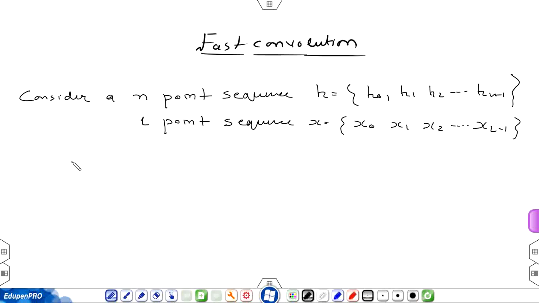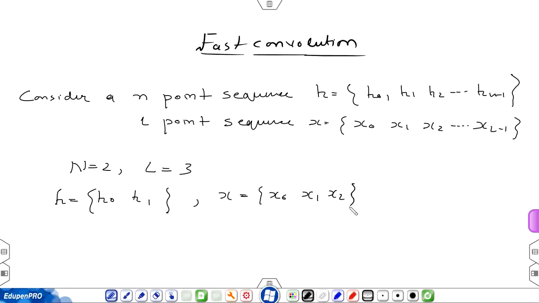Now let's say that N is equal to 2 and L is equal to 3. So h will become h0 and h1, and x will become x0, x1 and x2. Suppose we want to perform the convolution of h and x.